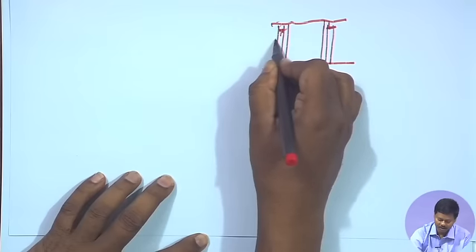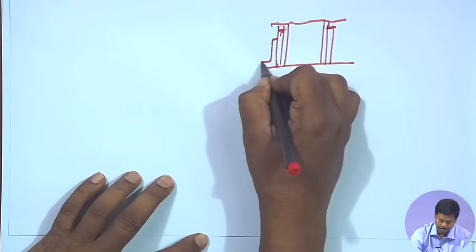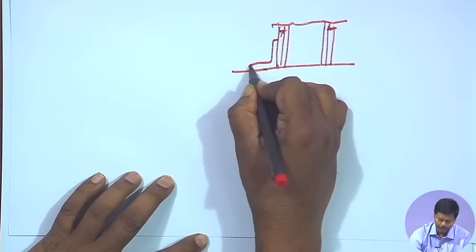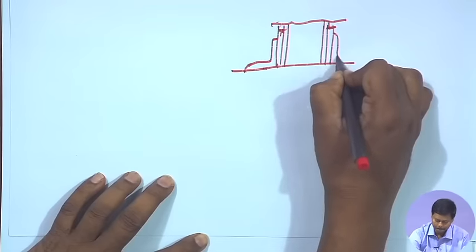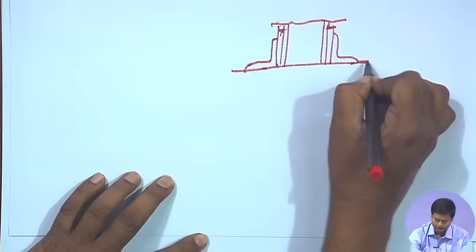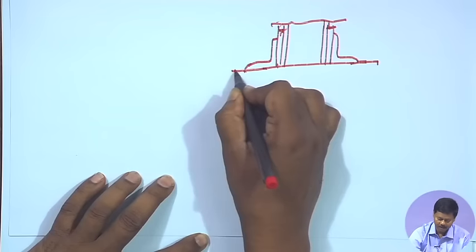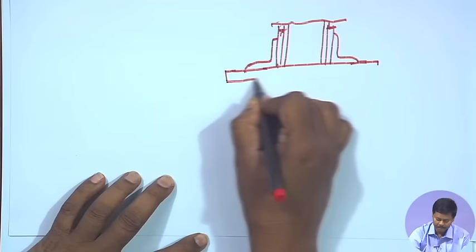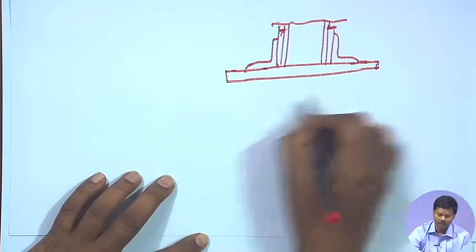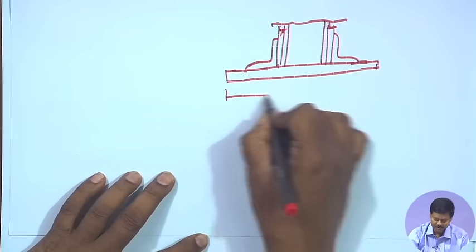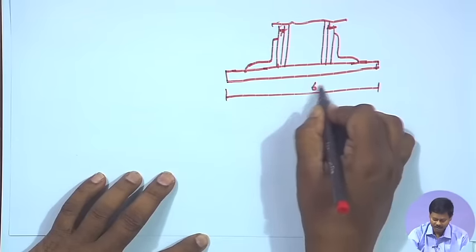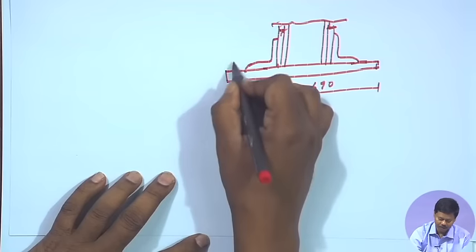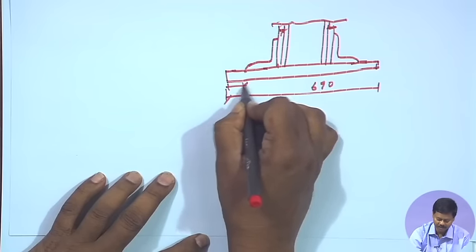This is the gusset plate and this is an angle, and this is the base plate. This base plate length is 690. Now this projection we can find out.